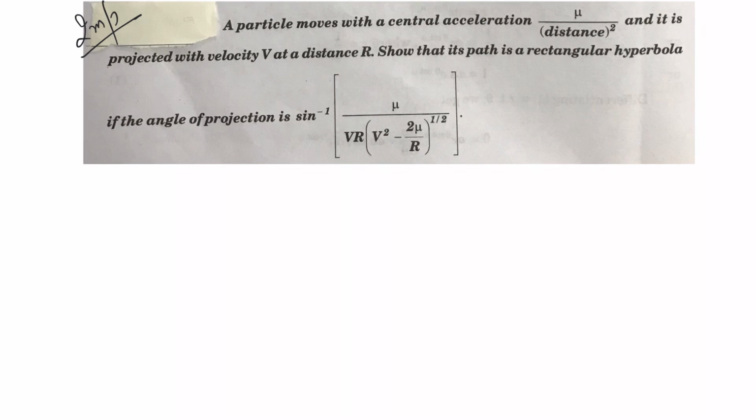So we will first study the statement of the problem, and the statement goes something like this: a particle moves with a central acceleration. Acceleration is given in this particular case as mu by r square, and its projected velocity V at a distance r is equal to capital V. This is the given condition.